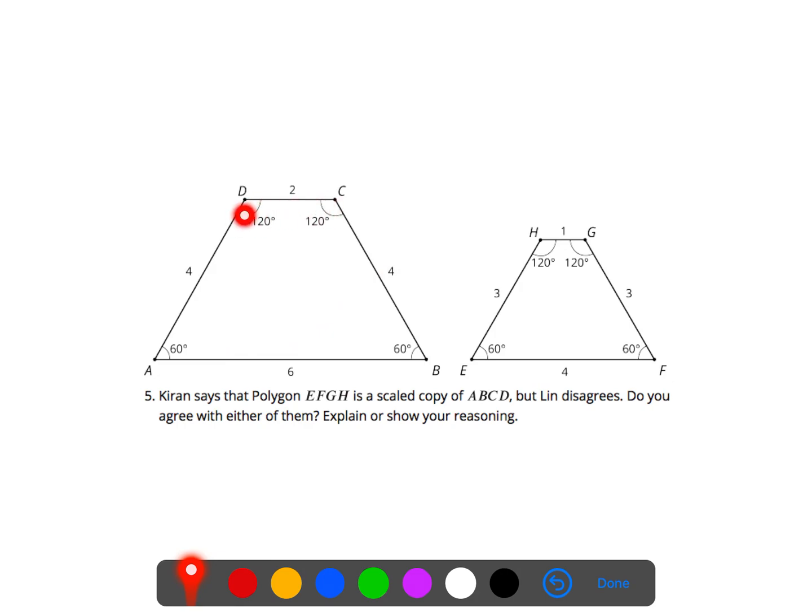So I can see 2 120-degree angles on both of these figures in the same corresponding location. So that sounds good. And it's also the same down here. So it checks that box that the angles are the same. Angles are same. All right, that's going to get a check.